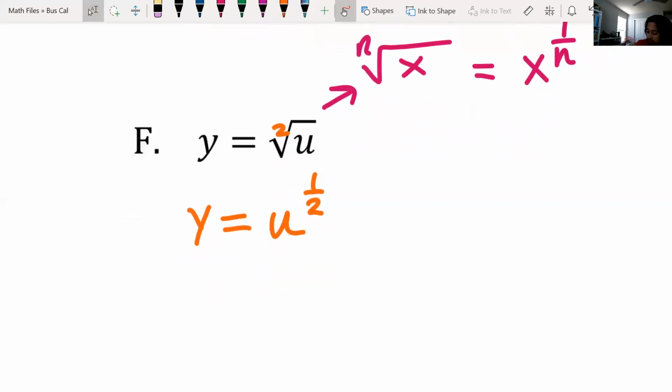Which means down below, I'll say y prime, and the derivative, you're going to have 1/2 u, and remember to subtract 1. So what's 1/2 minus 1?